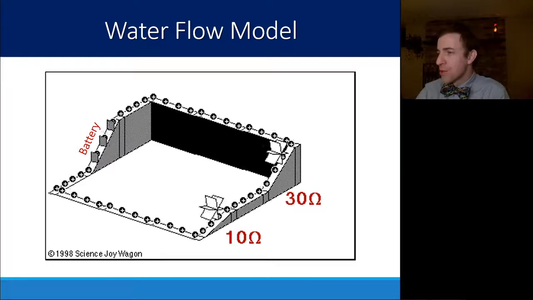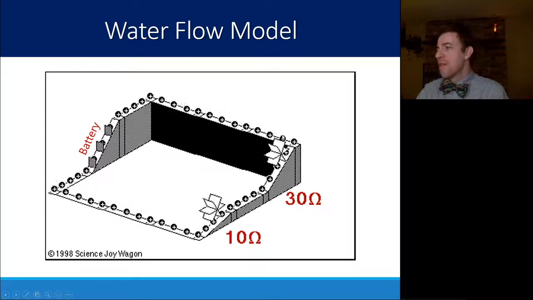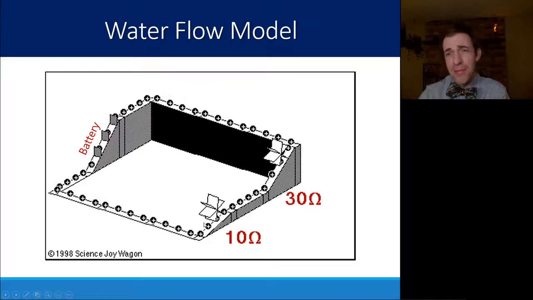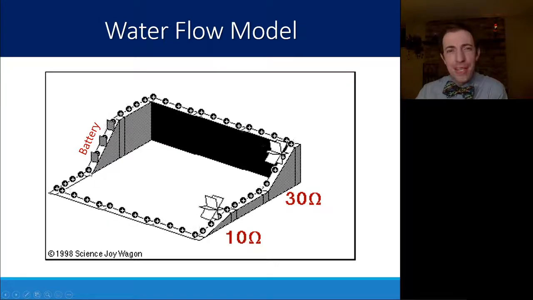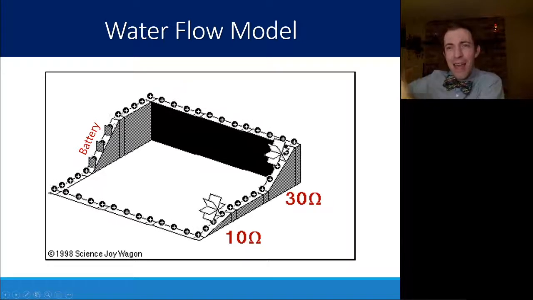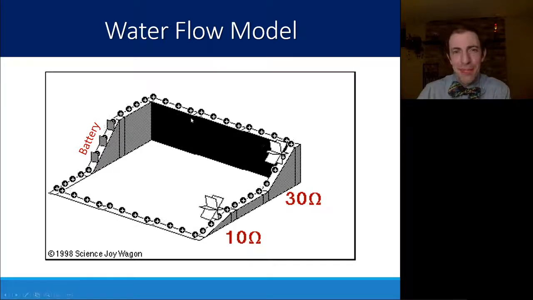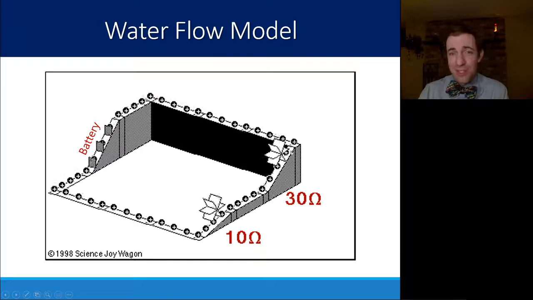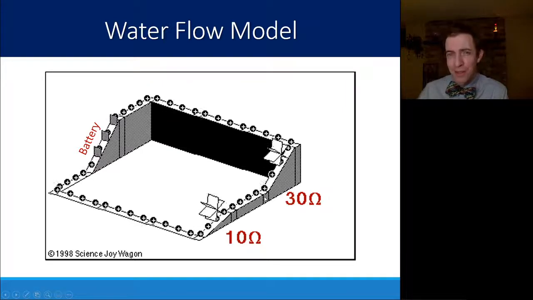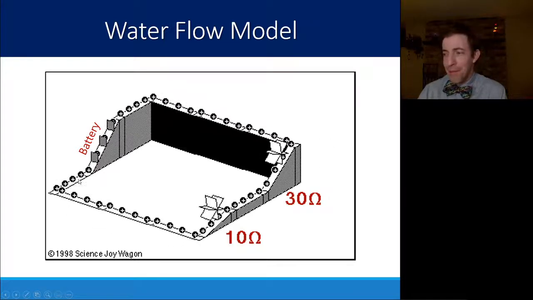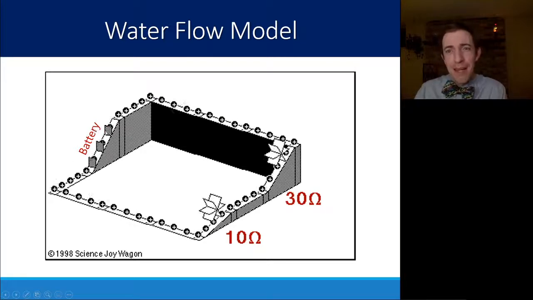It flows through at this higher elevation and then flows down through a series of different components, kind of these waterfalls or these ramps. This pump pushing them up, giving them some extra energy, that is essentially our battery. It's creating this potential difference, in this case, gravitational potential difference, elevating them up here. As it goes through each of these resistors, it loses some of that potential and then goes back down to eventually be down back at the bottom where the battery can lift it back up again.